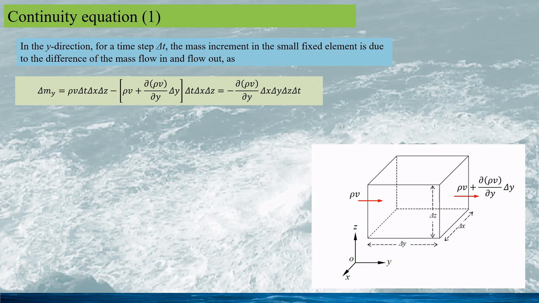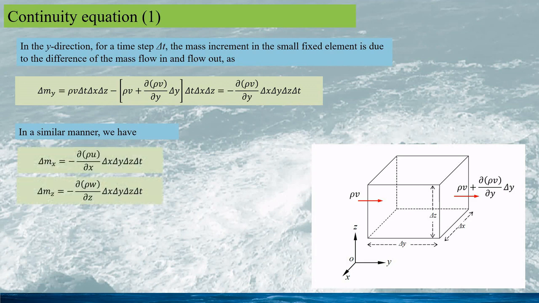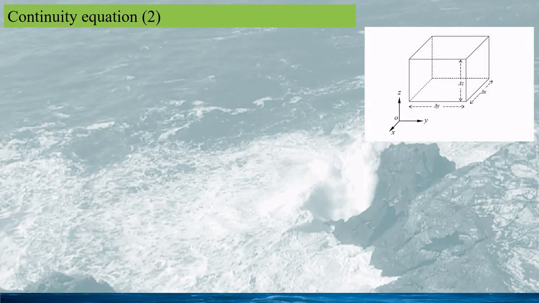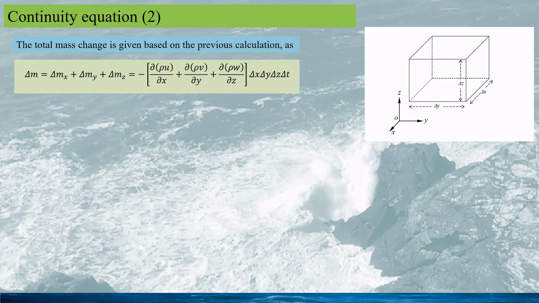Hence, it is calculated as this. In a similar manner, the mass increment can be calculated in the x direction and the z direction. The total mass increment in the cube in the time interval delta t is the sum of the mass increment in all three directions around the x, y, and z axis.